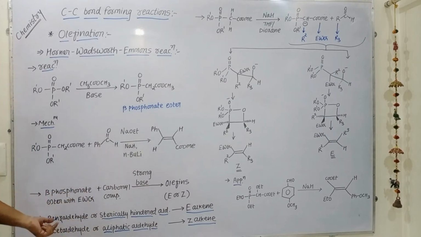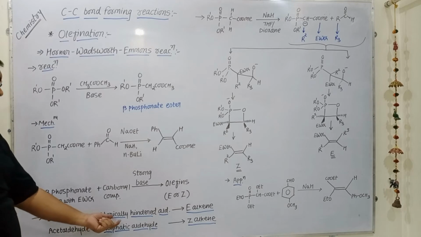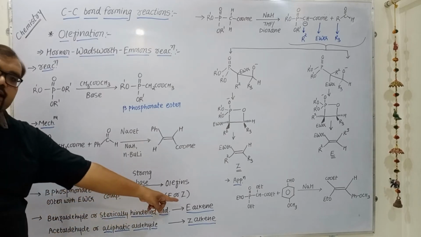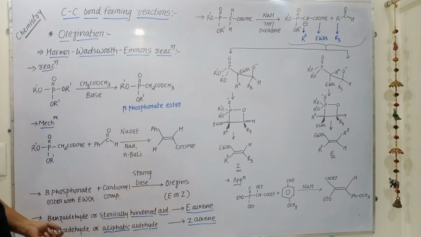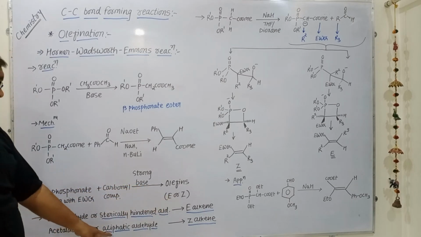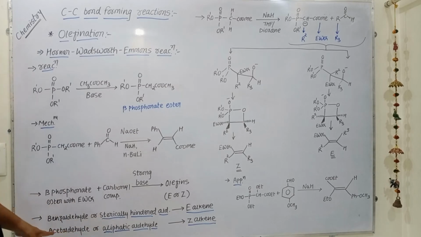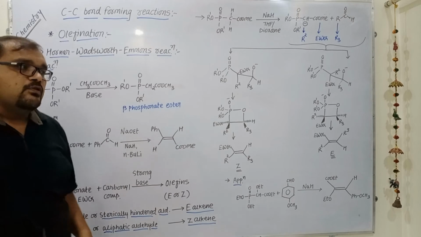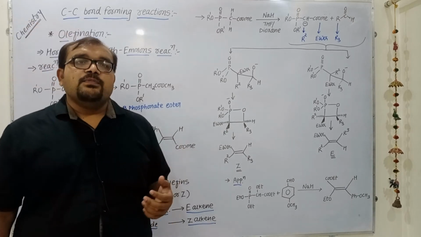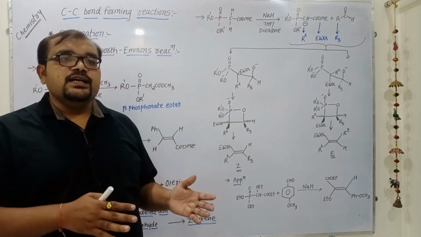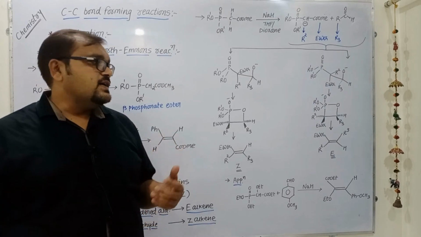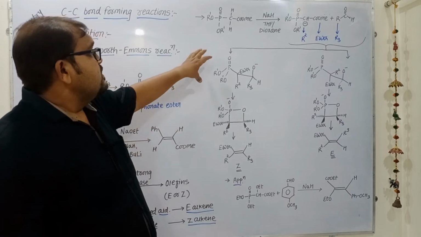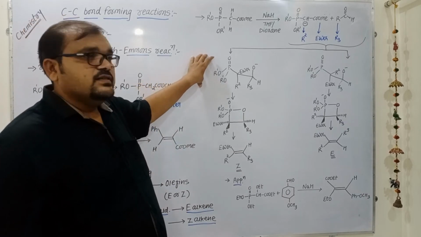Let's see here that if we are using sterically hindered aldehyde such as benzaldehyde, we will get E alkene as a product, while if we are using aliphatic aldehyde like acetaldehyde, then we will get Z alkene as a product. Also in an earlier part we discussed what is E and Z nomenclature and why it is required over C=C double bonds, right? So let me define this mechanism in certain detail.